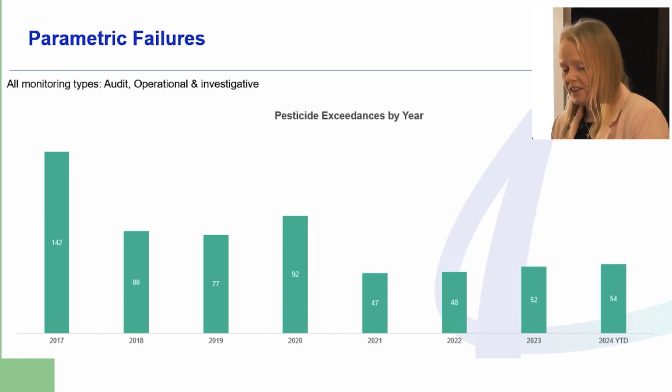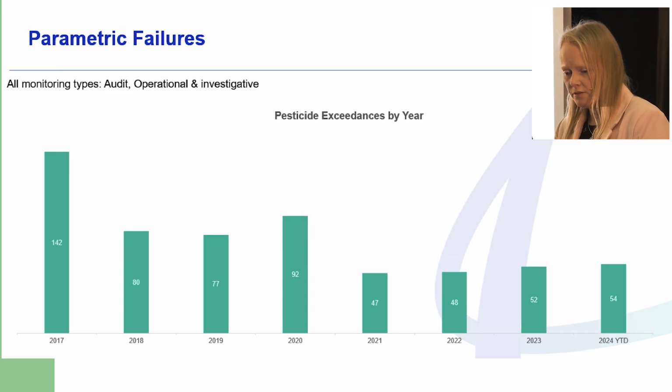If we look at it in an overall sense, there appears to be an overall downward trend in the number of exceedances found in drinking water, albeit with a couple of ups and downs within the years. Overall there were 142 in 2017, which came down to about 54 in 2024. You could look at it as a positive trend, and there is a reduction.